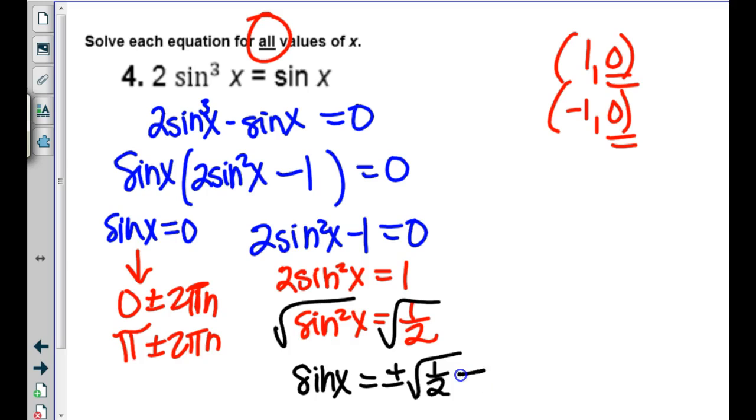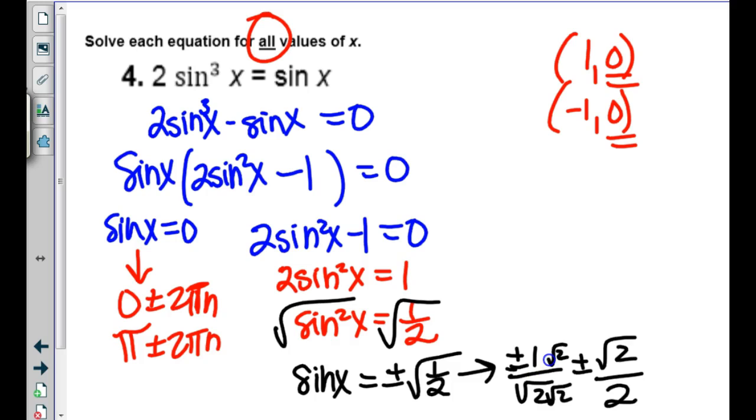Well, what's the square root of 1? And what do we have to do when it says 1 over square root of 2? So it becomes plus or minus square root of 2, or multiply by square root of 2 over square root of 2.